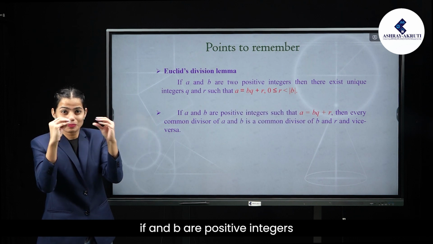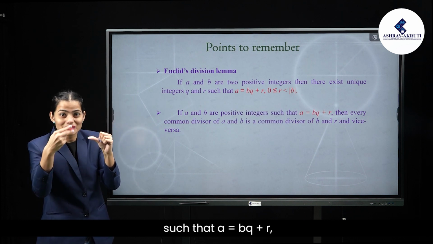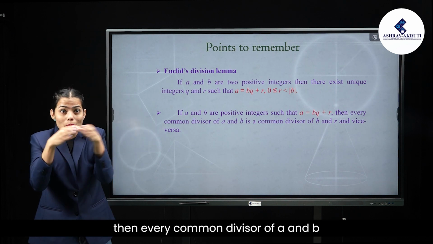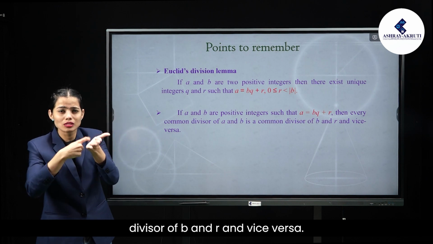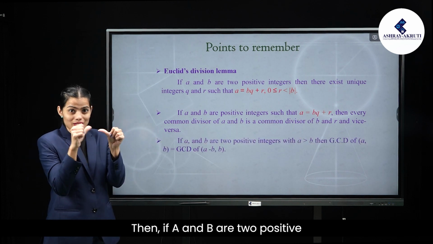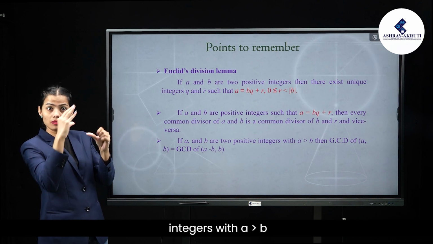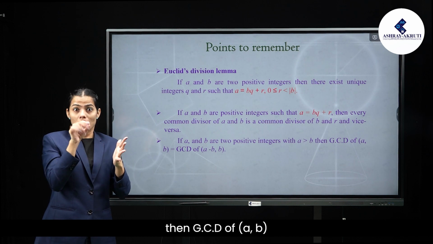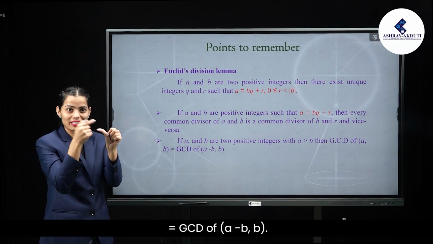If A and B are positive integers such that A = BQ + R, then every common divisor of A and B is a common divisor of B and R and vice versa. If A and B are two positive integers with A > B, then GCD of A and B is equal to GCD of A - B and B.